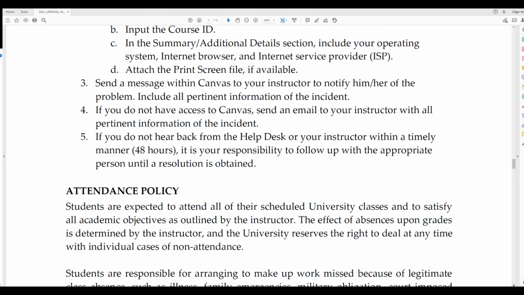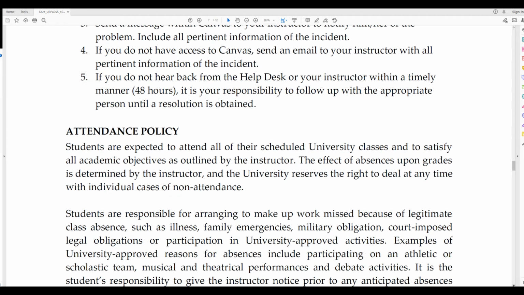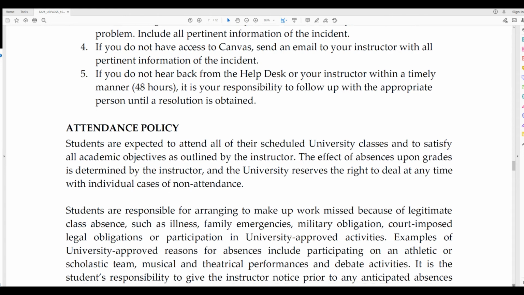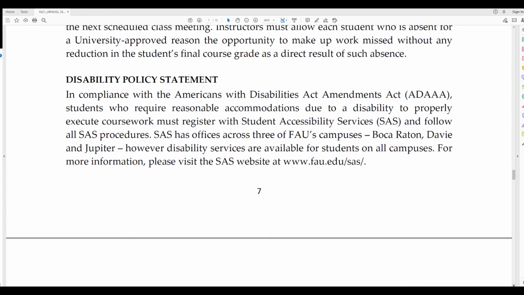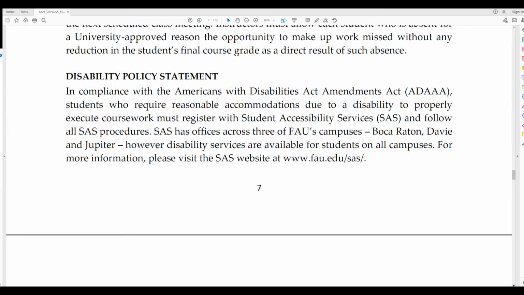For the attendance policy, I cannot really know how much time you spend on each unit, but I can see the total time you spend online each week. And also for the assignments, please submit them on time. For the rest of the policies, for example, if you need special accommodation, please contact Student Accessibility Services.